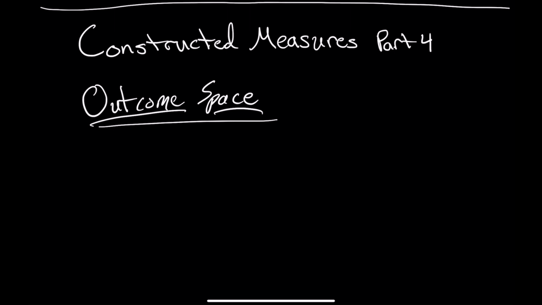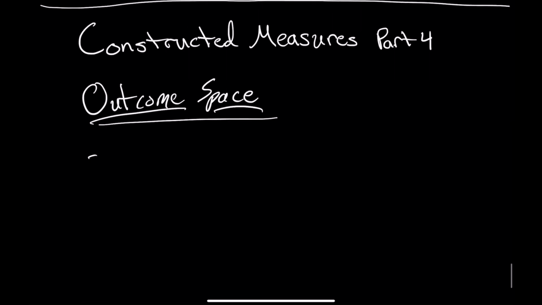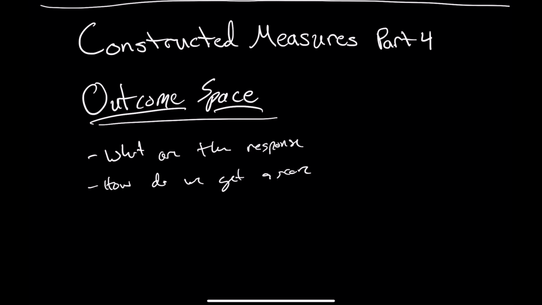The outcome space is this idea of what are the types of values that we will get directly from our items? So what are the responses? Or how do we get a score? These are the two questions we can think about when thinking about the idea of an outcome space.